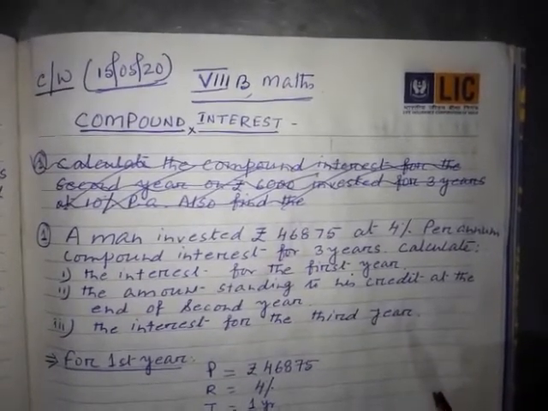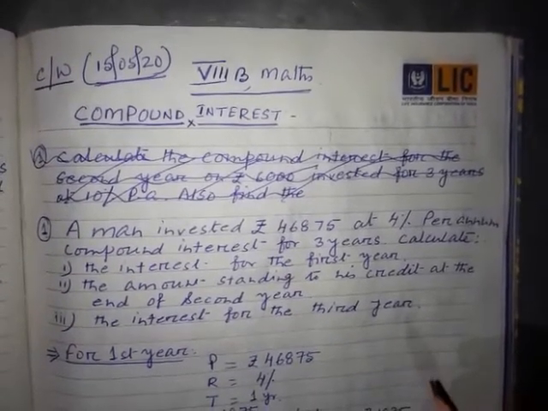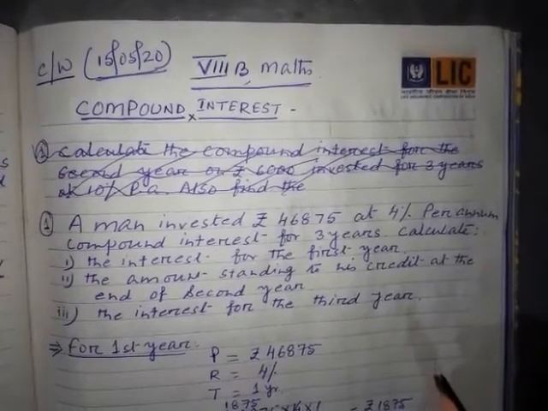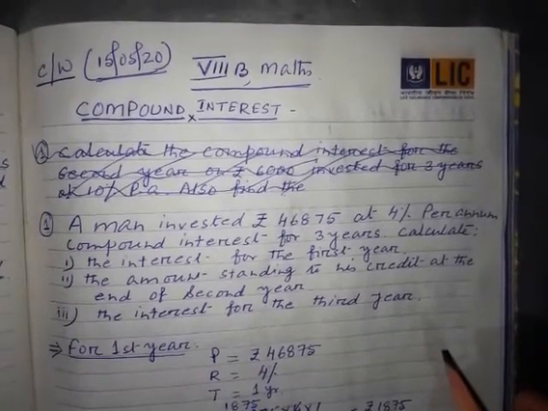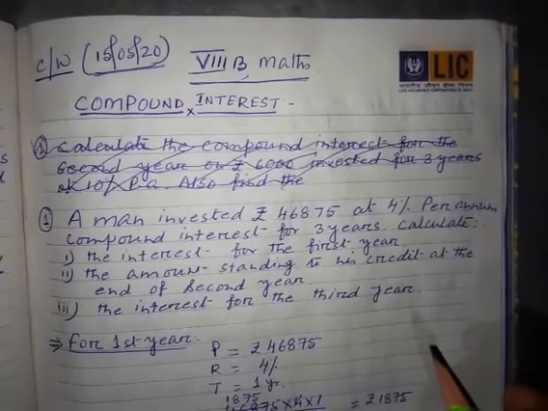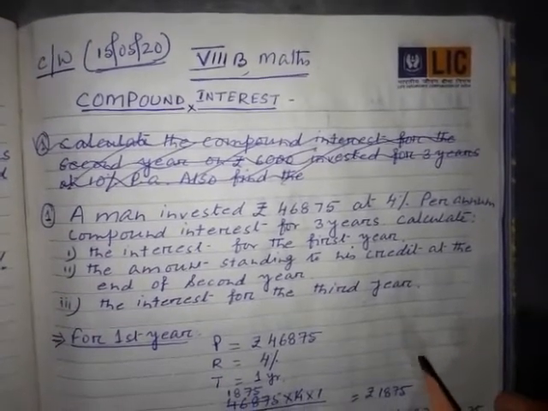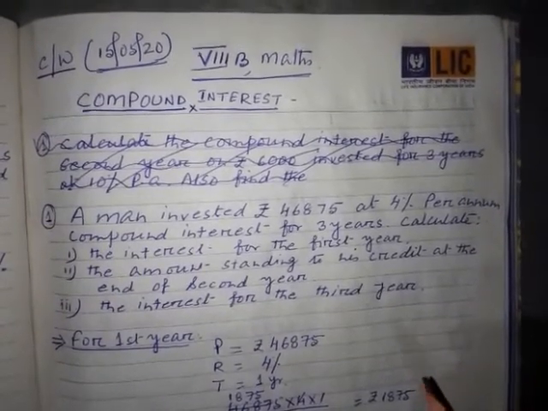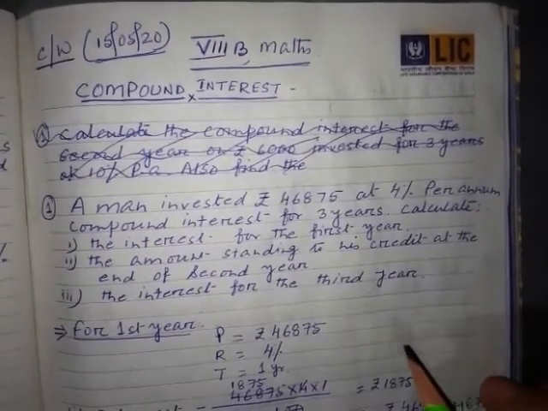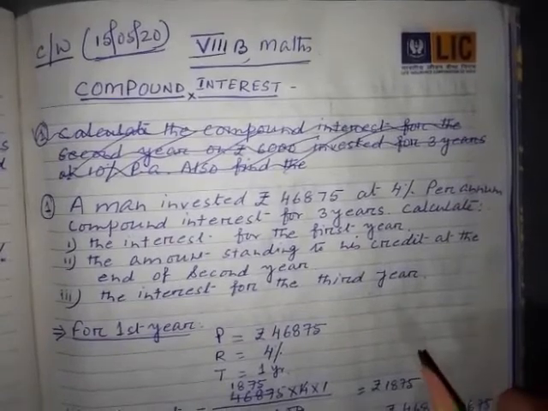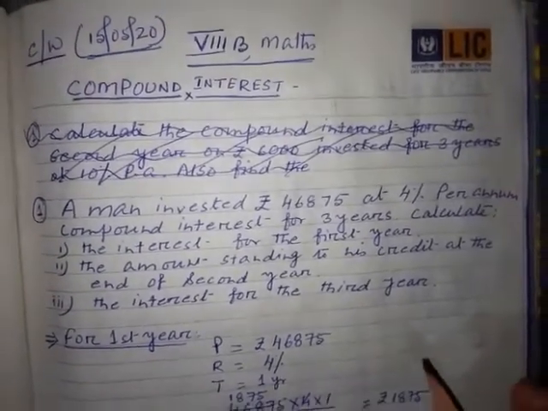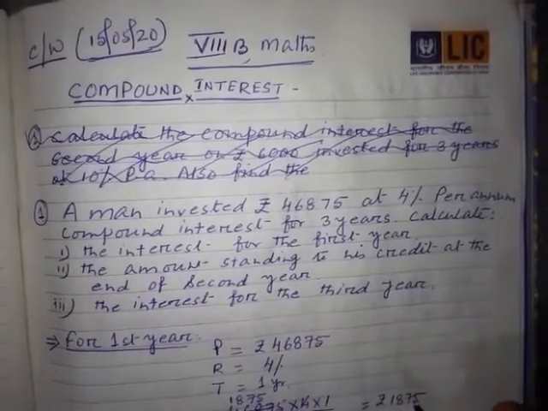In simple interest, the interest of the full period is calculated at once. On the other hand, in compound interest, interest is calculated every year. In other words, interest is calculated on interest also, and that is what is called compound interest.